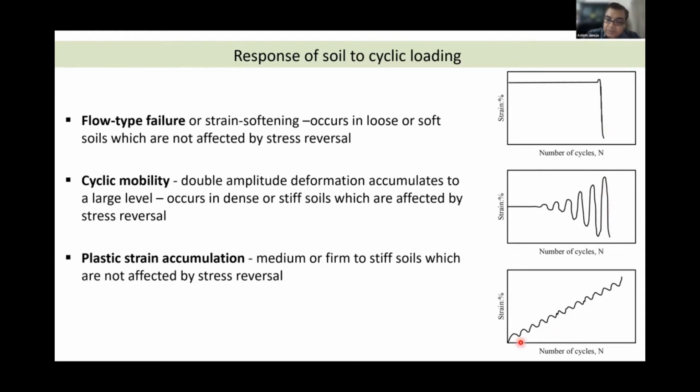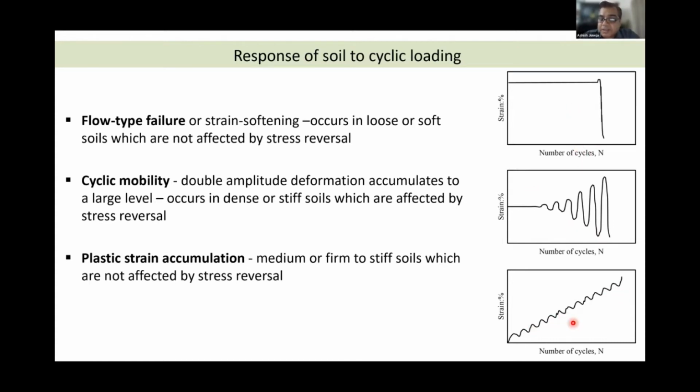The third one is where the soil is still trying to accumulate a lot of plastic strains, and it does not really reach its ultimate state. It just continues to take in more load. So we'll concentrate more on the first and the second type, because these are the soils which are really studied for liquefaction studies.